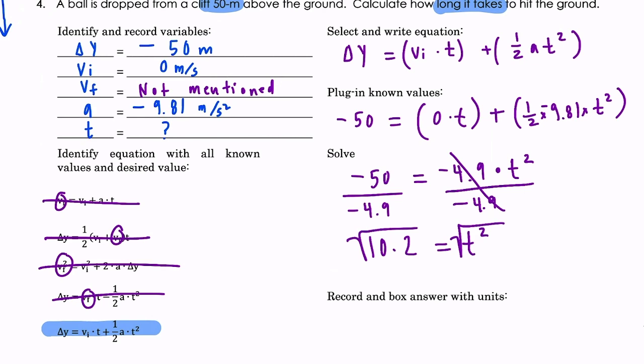And the square root of 10.2 is around 3.19. Leaving finally our answer, t is equal to 3.19 seconds.